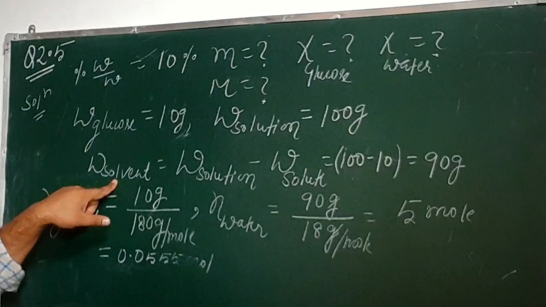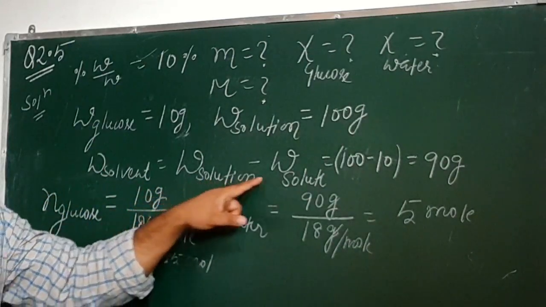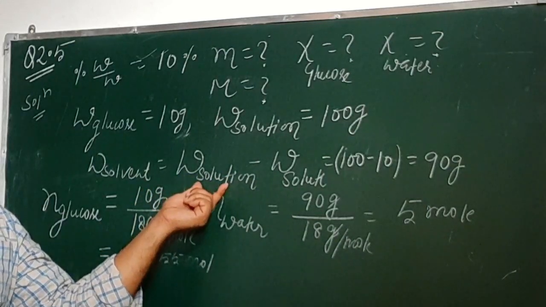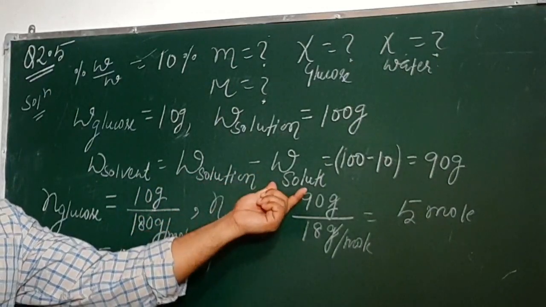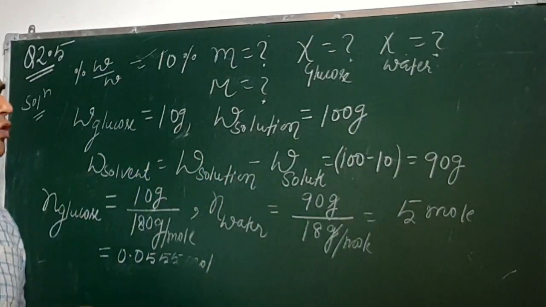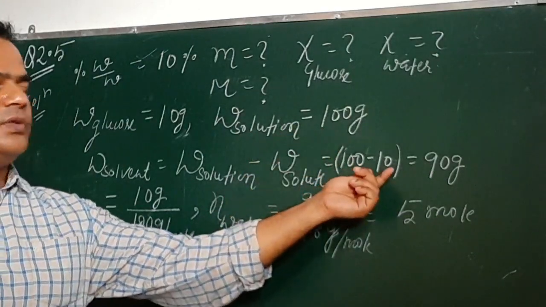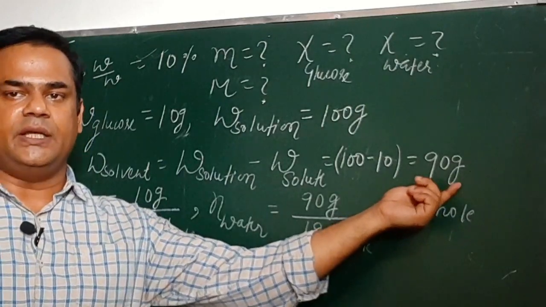From here we can calculate the mass of solvent. Mass of solvent is equal to mass of solution minus mass of solute, because the solution contains both mass of solute plus mass of solvent. So the total mass of solution is 100 gram and the mass of solute is 10 gram. From here the mass of solvent comes out 90 gram.